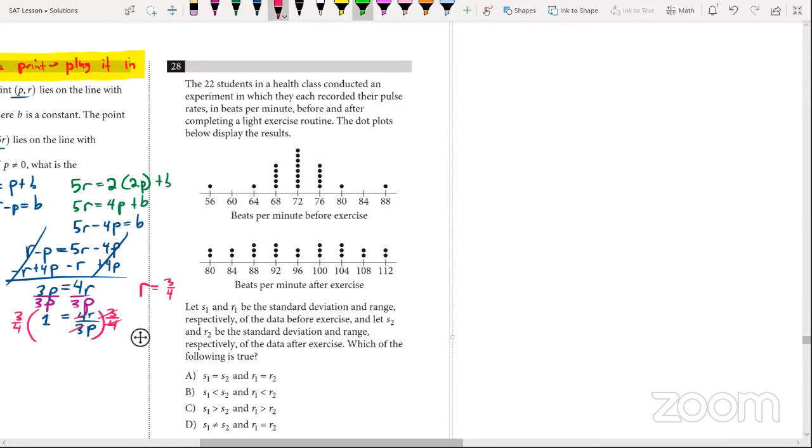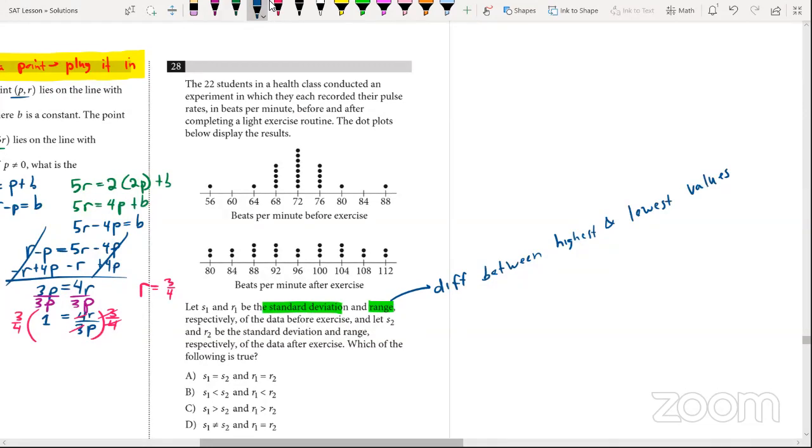Okay, so 28 is asking us about standard deviation and range. So range for data is very different than domain and range for X's and Y's. Range for data is just the difference between the highest and lowest values in your data sets.